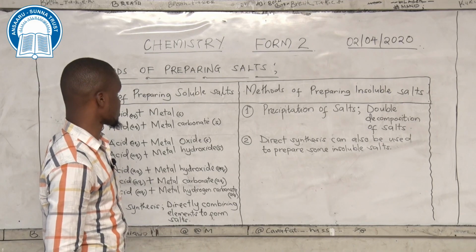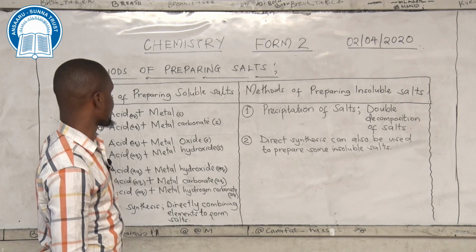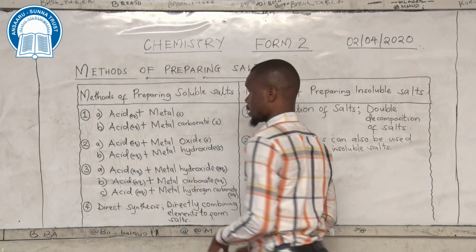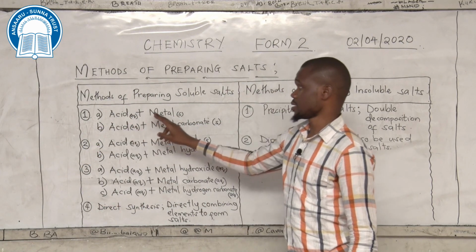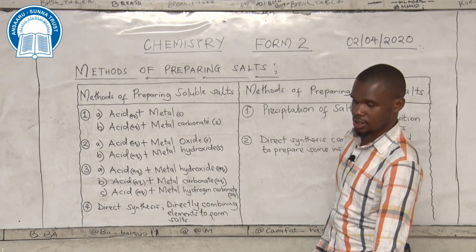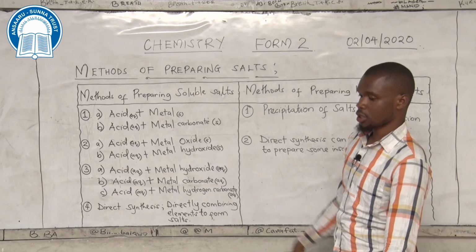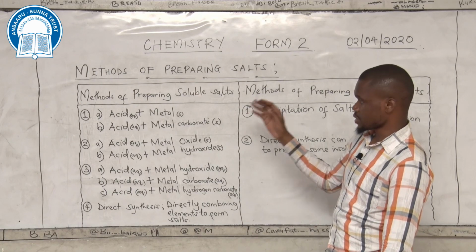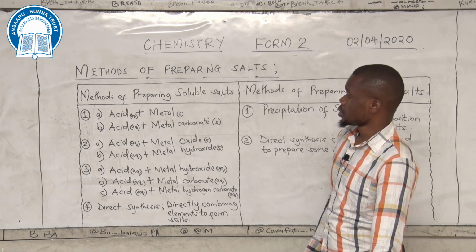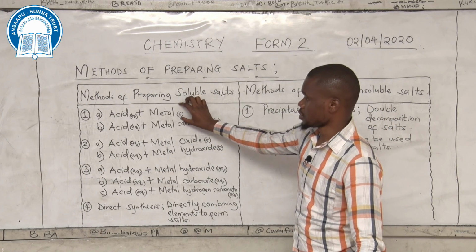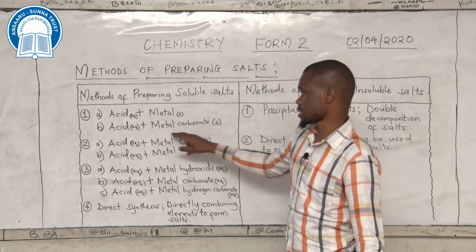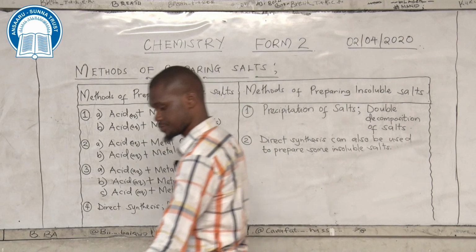That is a table that gives a summary of the methods of preparing salts. I will start today, and I'll only discuss one, and that is acid versus a metal. Using an acid and a metal to prepare salt. What are the conditions? What are we supposed to do at the end of this? After discussing this, it will give us a hint on what to say about acid versus a metal carbonate in preparing salt.